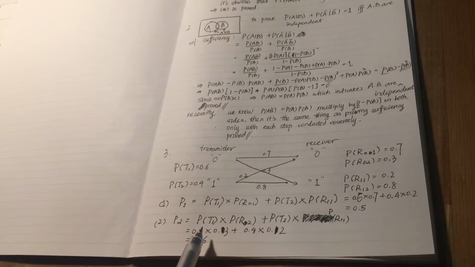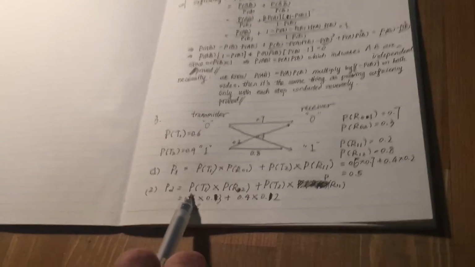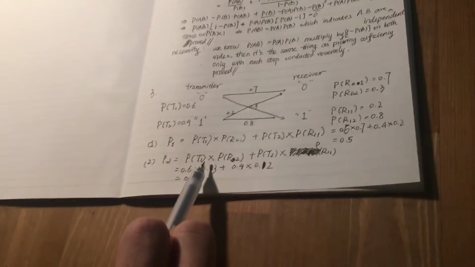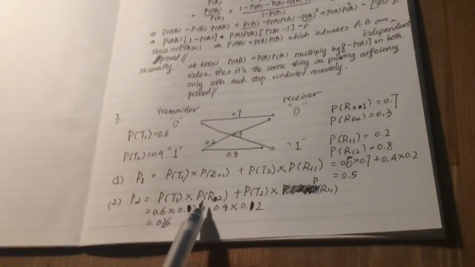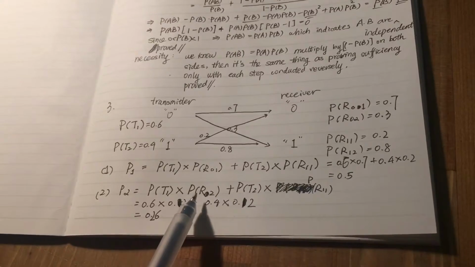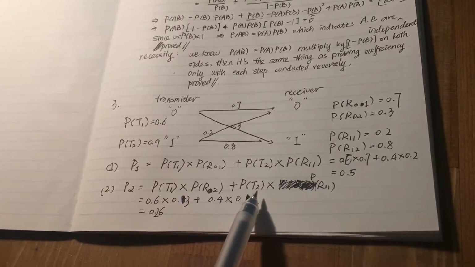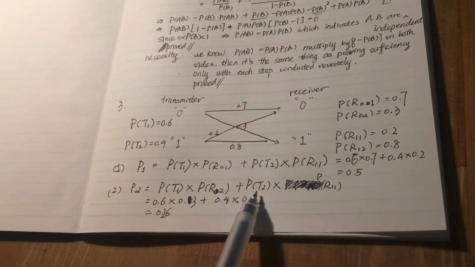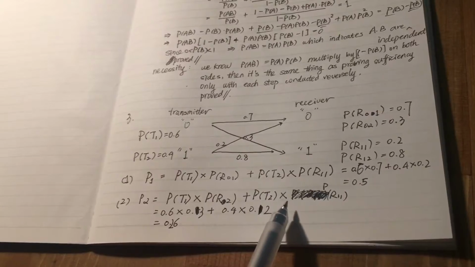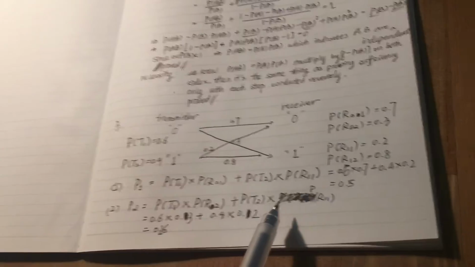So it is the probability of the transmitter transmitting 0, which is PT1, times the probability of the receiver receiving a different signal, which is PR02. The second situation is when the transmitter transmits 1, which is PT2, times the probability of the receiver receiving a different signal as zero.